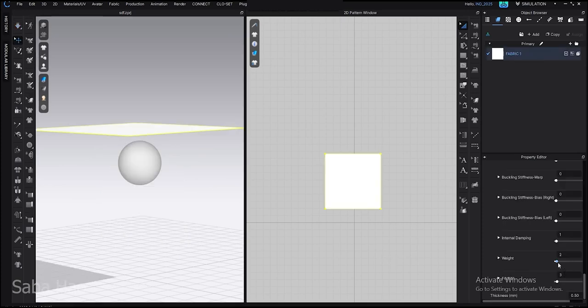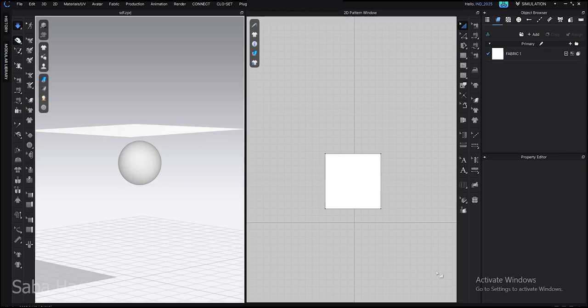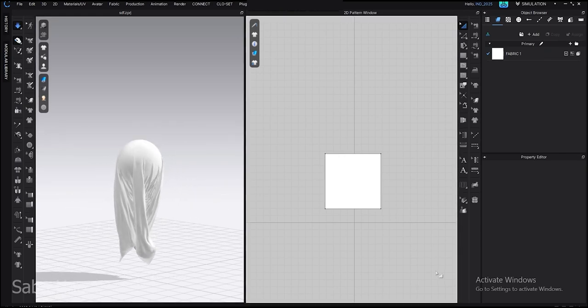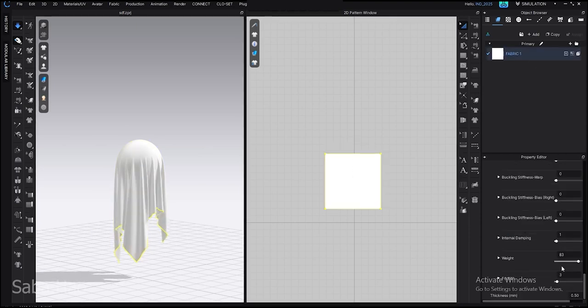Heavier fabrics fall faster, create deeper folds, and settle more firmly on the body. A common mistake is keeping the default fabric weight for every garment. In real life, silk and denim don't weigh the same, and they shouldn't in the simulation either.